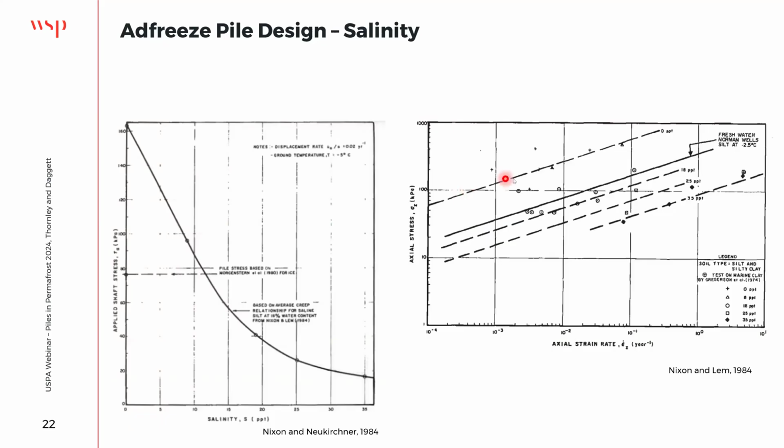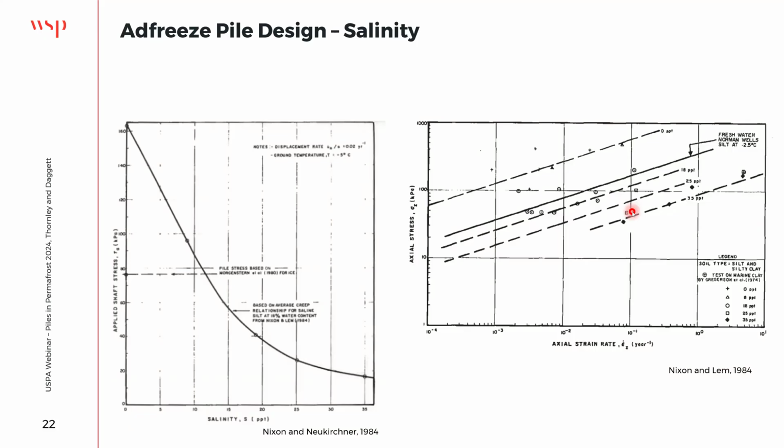Then as you increase your salinity, this one is fresh water, then 18 parts per thousand, 25 parts per thousand, and 35 parts per thousand. And 40 parts per thousand changes your freezing point depression by 1 degree.